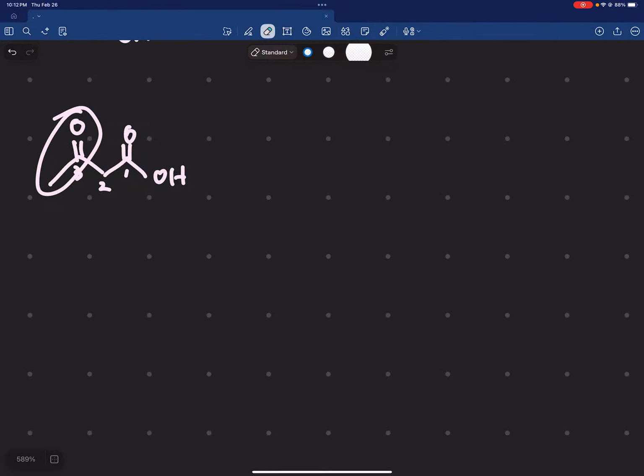So if we had a compound that looked like this, this would be 3-oxobutanoic acid. The common name for this would be, 1, 2, 3, so this will be alpha, and this would be beta. So this will be beta ketobutyric acid, otherwise known as acetoacetic acid.